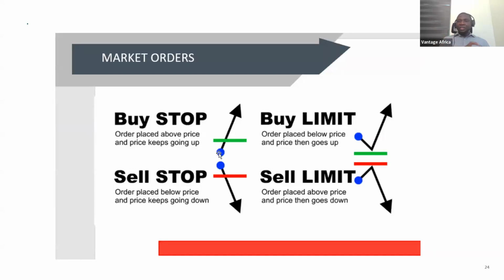So what you do then is, instead of entering the market with market execution and placing a buy now, buy by market, you place a buy limit. So you go to your chart, you click on the instrument, you select trade or new order. You find market execution there. Click on it. It will pop up a whole range of options.